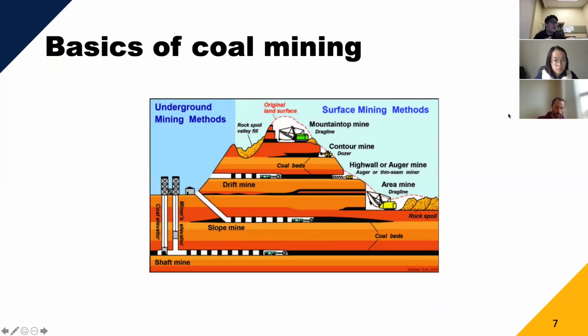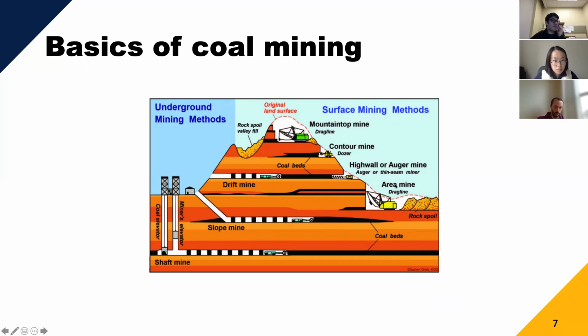Okay, so how does coal get mined? The basics of coal mining. There's a whole bunch of different ways that we extract coal resources, and this diagram shows a comprehensive set of the different techniques that are used.